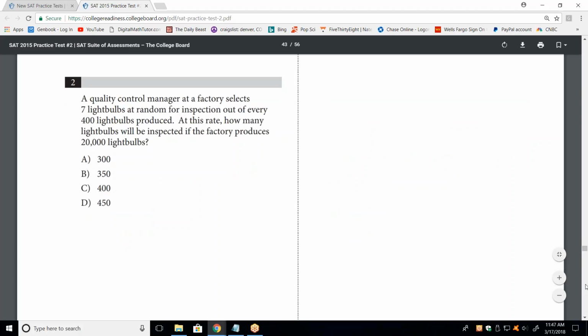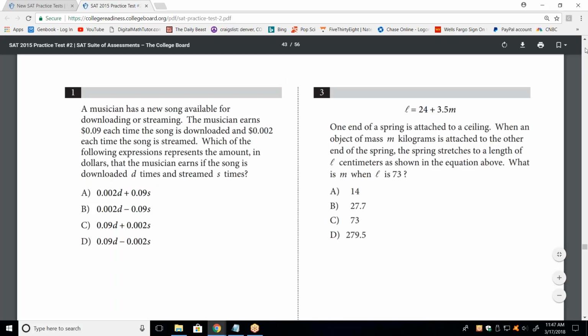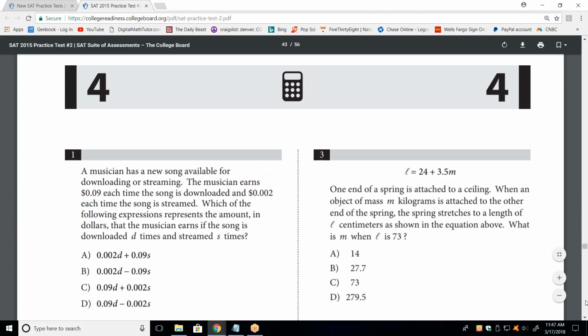Go ahead. This is still not in calculator, right? No, this is a calculator. Oh, okay, cool. Pretty certain it is. Yep.